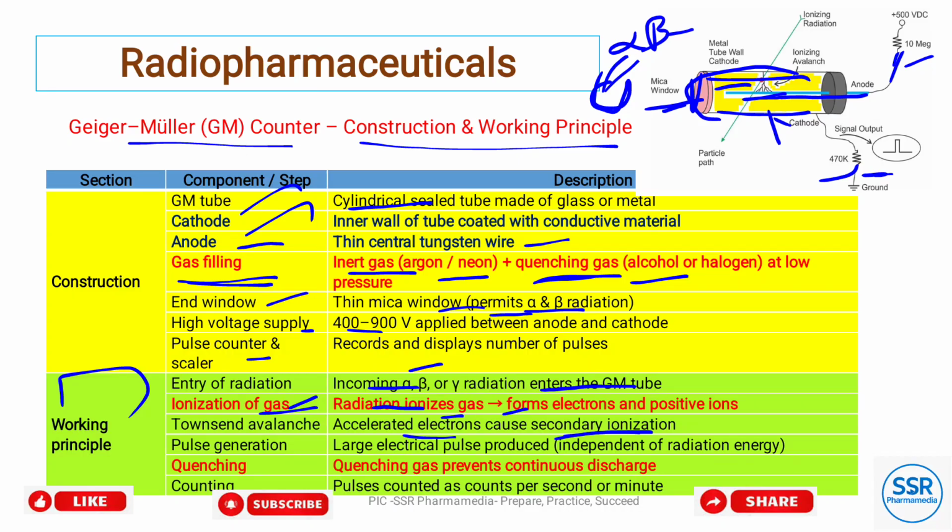Next is the pulse generation. Large electrical impulses are produced that depend upon the radiation energy.